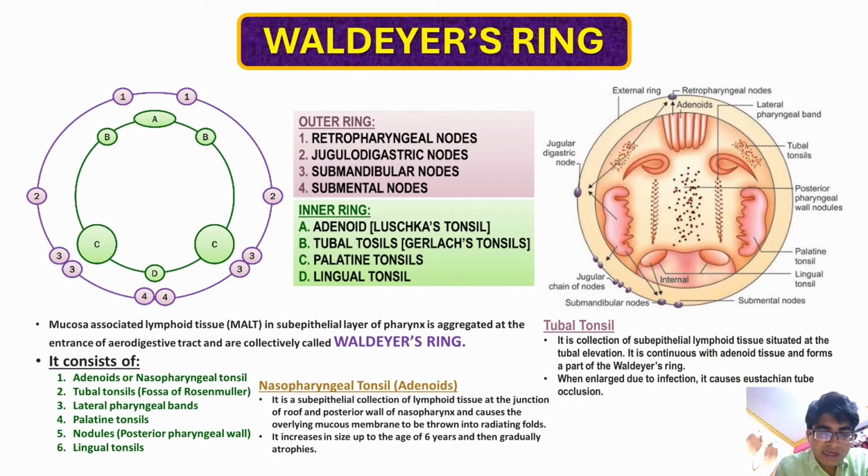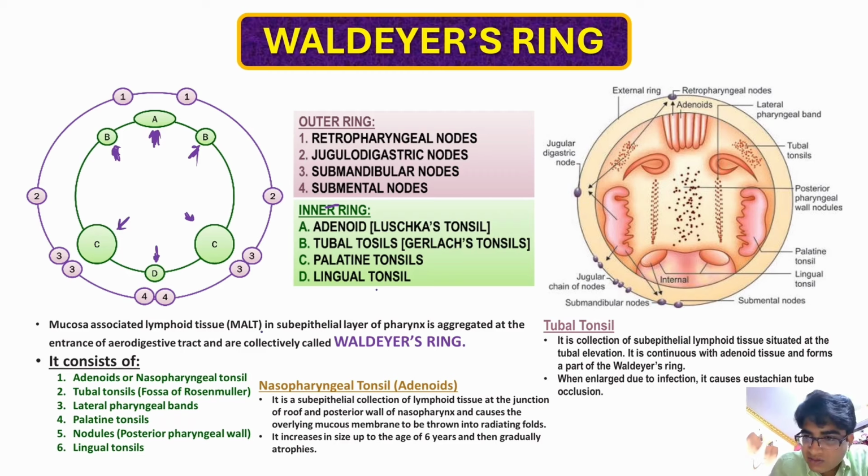I have already told you about the inner ring, which is made up of the adenoids; secondly, the tubal tonsils at the torus tubarius surrounding the eustachian tube orifice in the nasopharynx; the palatine tonsils; and the lingual tonsil.